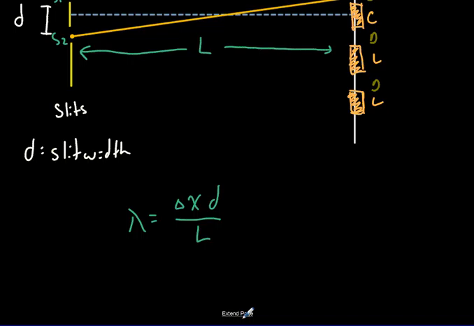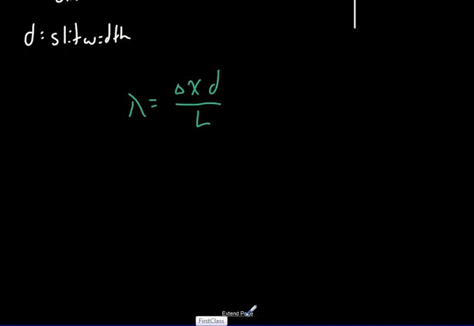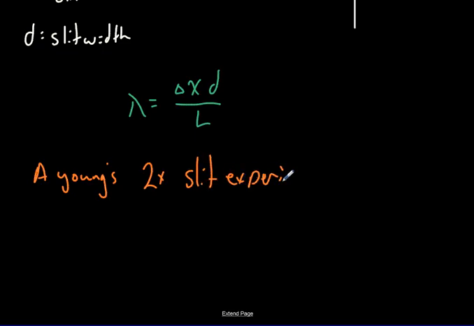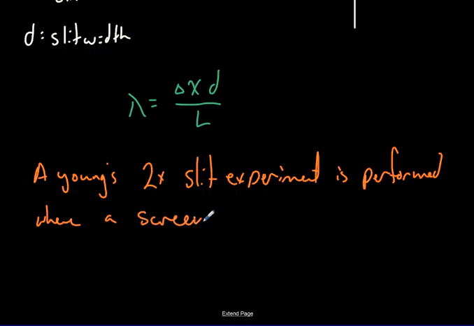Okay, so here's a problem of the type you might see. Just grabbing something from a worksheet here. So you are measuring a setup. A Young's double slit experiment is performed where the screen is 3 meters from a double slit.